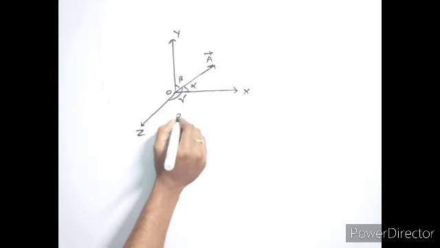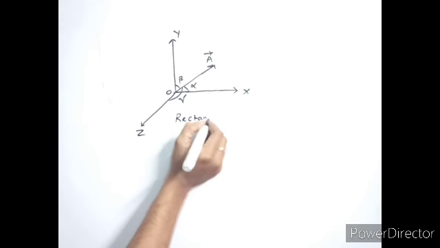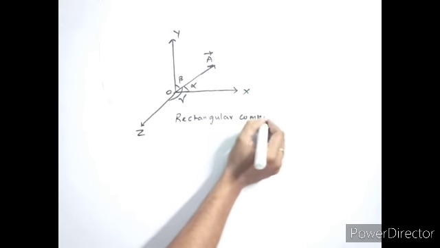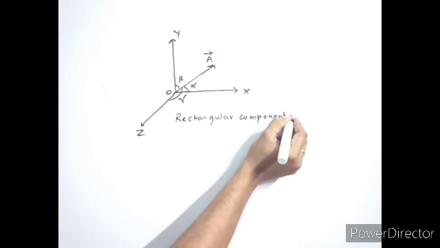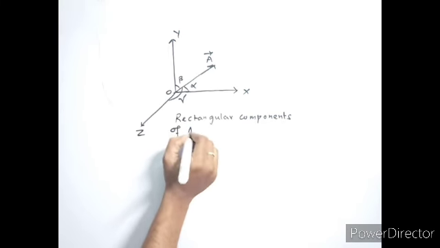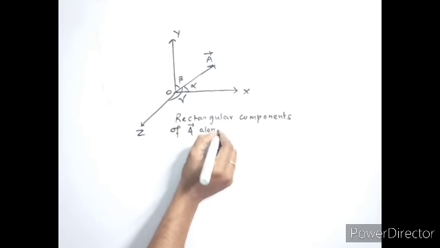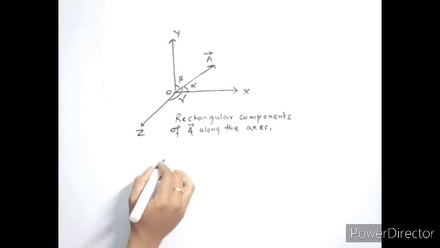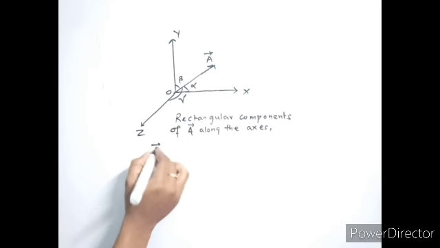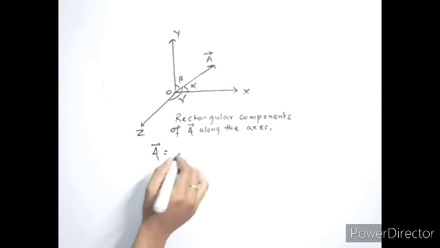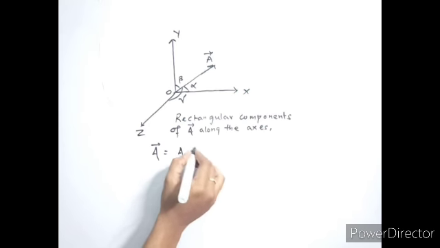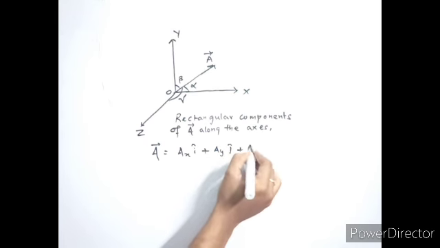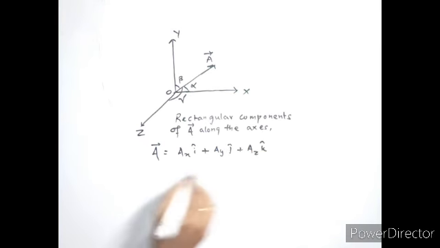The rectangular components of a vector along the axes can be represented like this, that we usually do. That is, a vector is equal to the x component i cap plus the y component j cap plus the z component k cap.